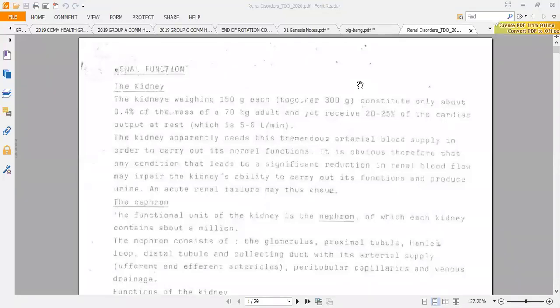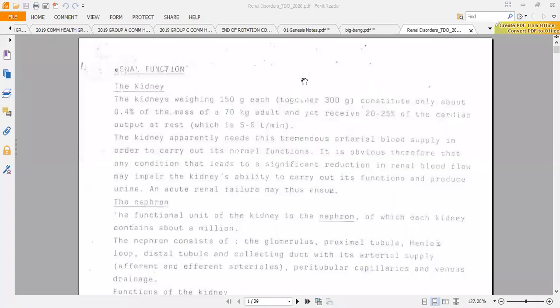So the first principle I want to point out is that the kidneys receive about 20 to 25% of the cardiac output.